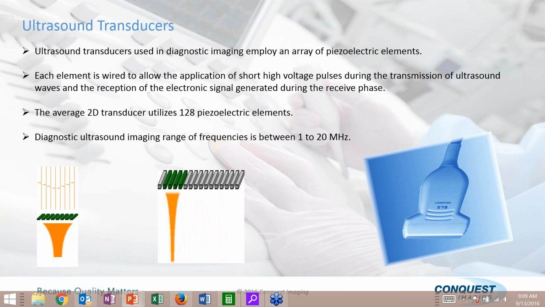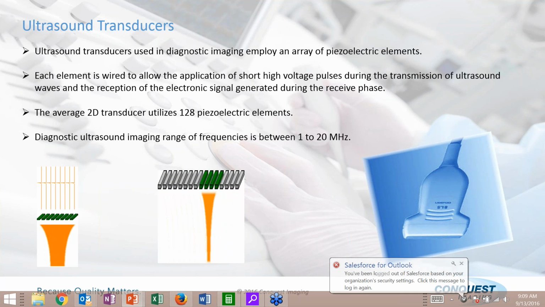So with an ultrasound transducer, at least contemporary ultrasound transducers, we have a lot of crystals that comprise a transducer. Early transducers had single crystals, but contemporary transducers have up to 4,000 to 8,000 various elements. So each element is wired to the ultrasound system and is pulsed with an electrical pulse.